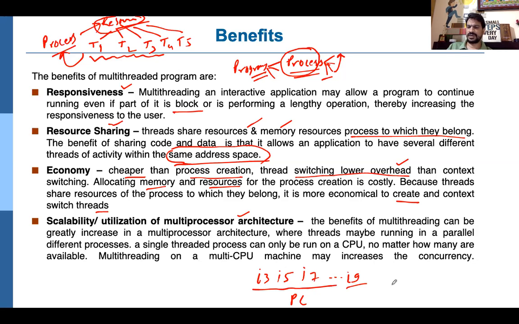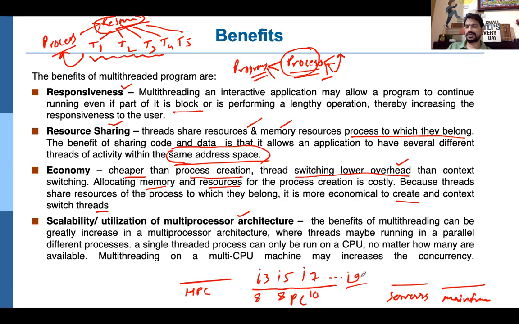We have servers, we have mainframes, we have HPC, high performance computing systems. Here also we have multiple processors, right? We have octa-core, or some processors with hyper-threading, or let's say 10 cores.